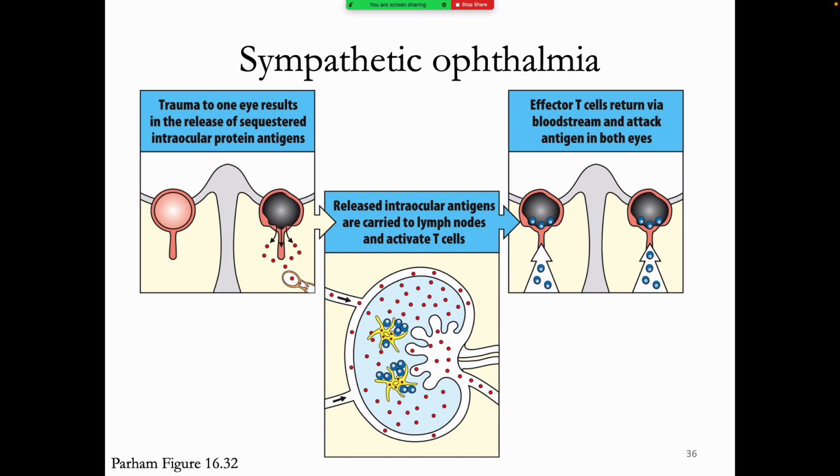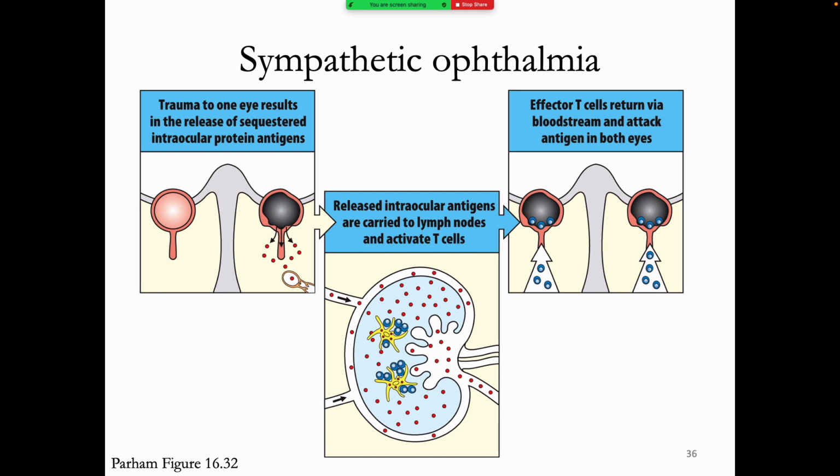And so the idea is that the eye used to be hidden from the immune system, and now it is no longer hidden. You've taken these antigens and you've broken them out so they can suddenly be seen by the immune response. And those antigens will end up going into the nearest lymph node.